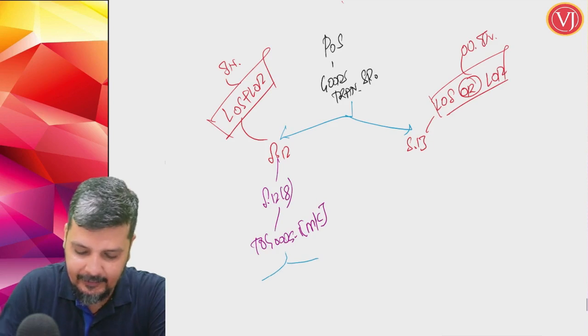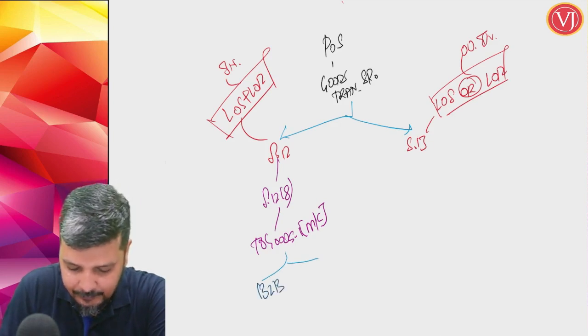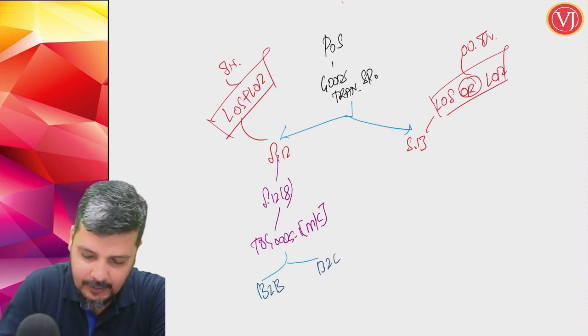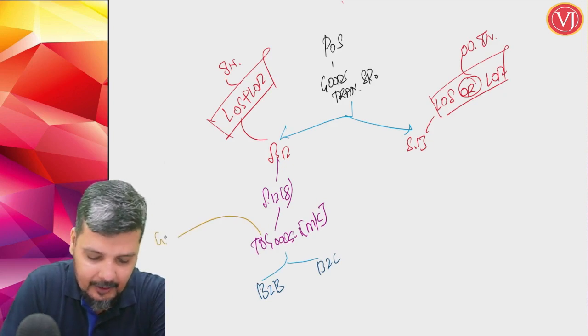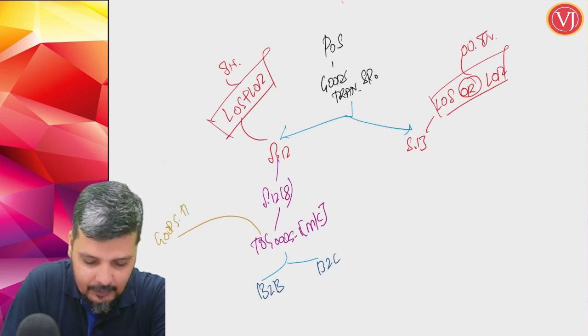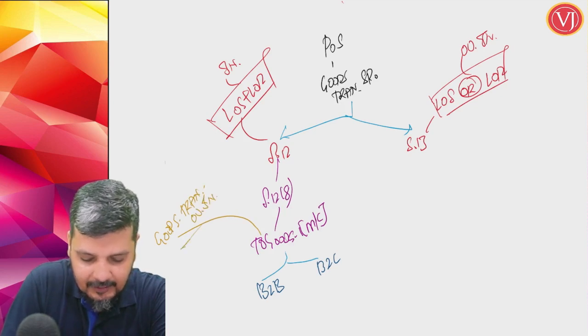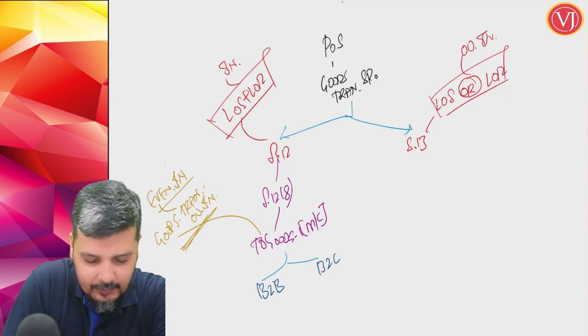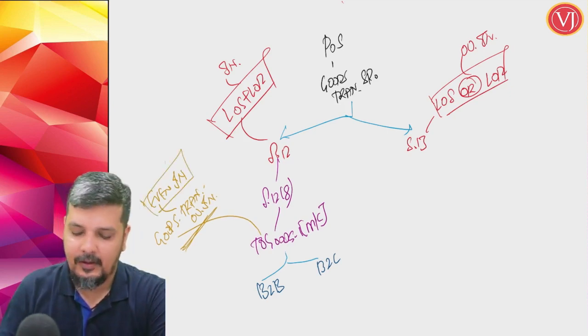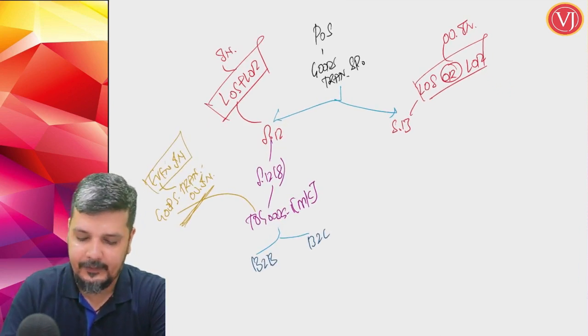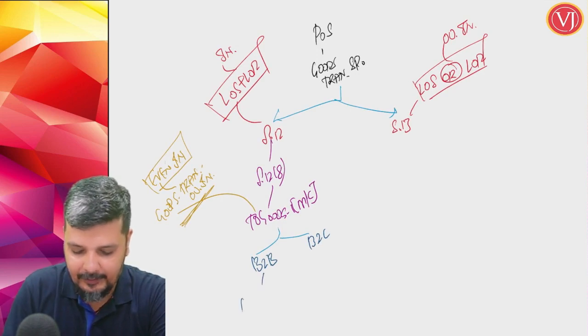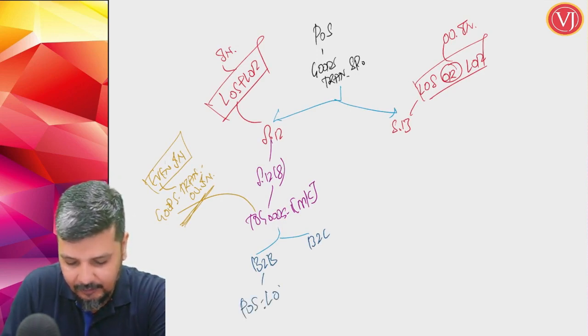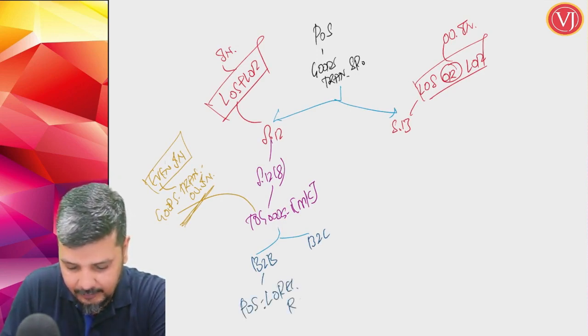Even in that case, whether it is B2B or B2C, even where the goods are being transported outside India but the supplier and recipient are in India, for B2B the place of supply is the location of the registered recipient.